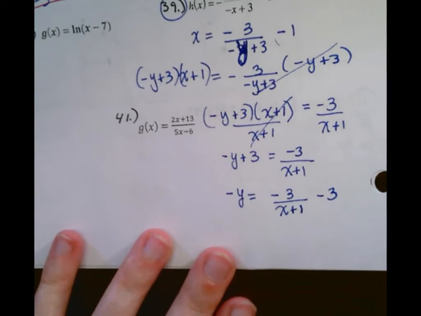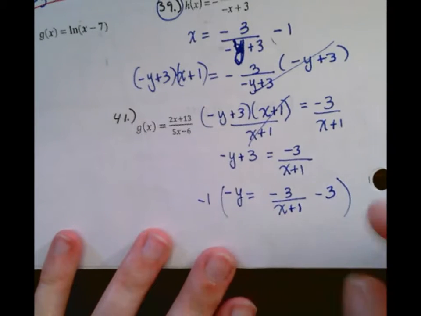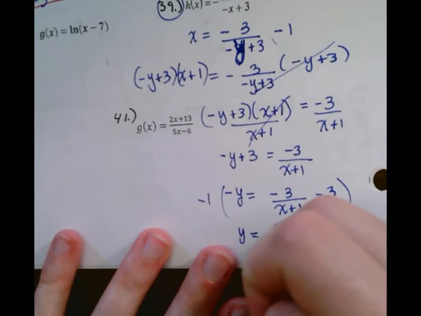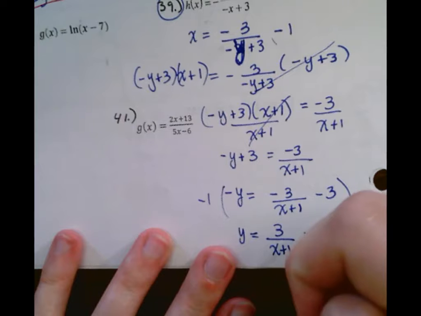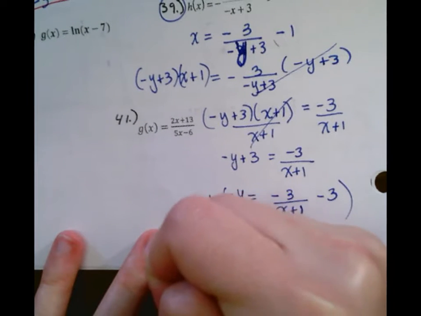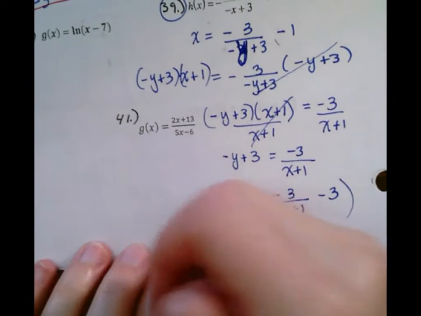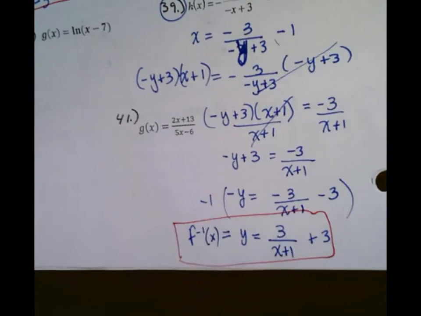And my final step would just be to multiply the entire thing by negative 1 to get rid of these negatives. So I end up with y is equal to 3 over x plus 1 plus 3, and that's the same thing as f inverse. So that's the end of 39.